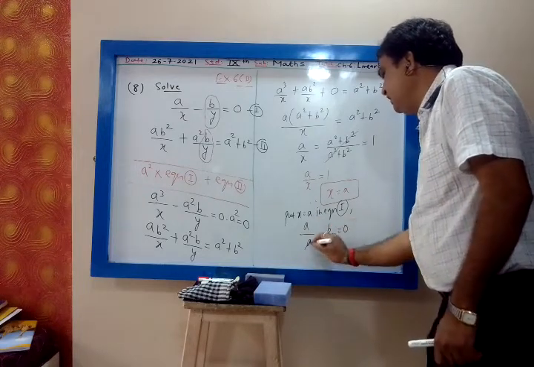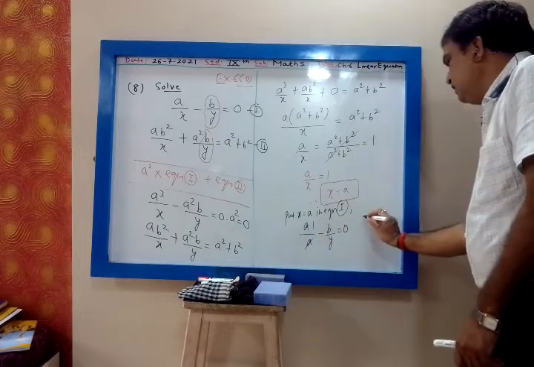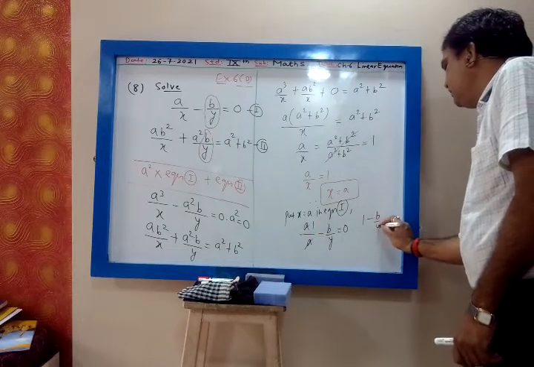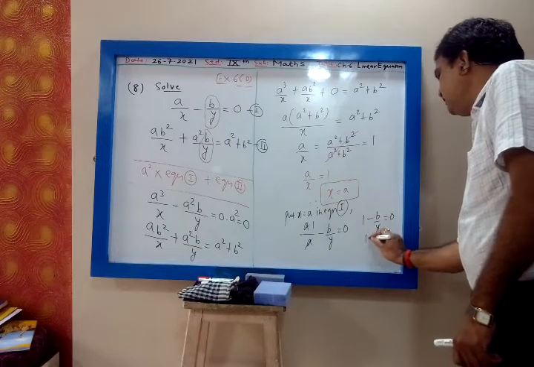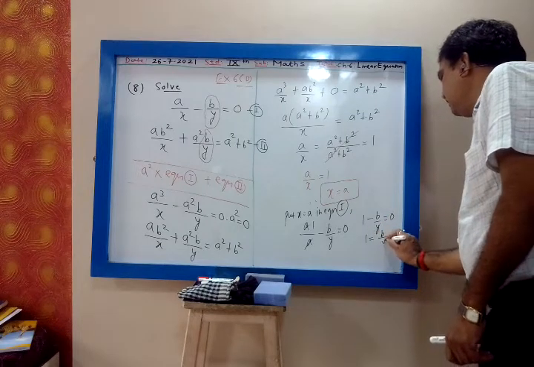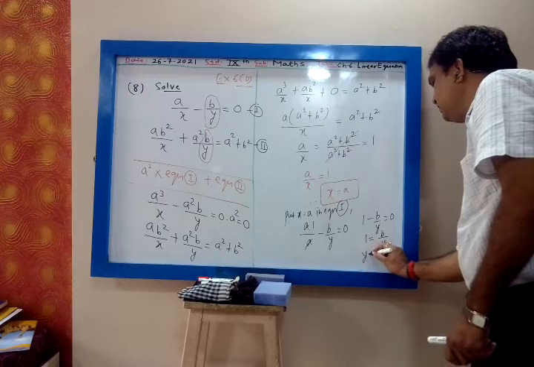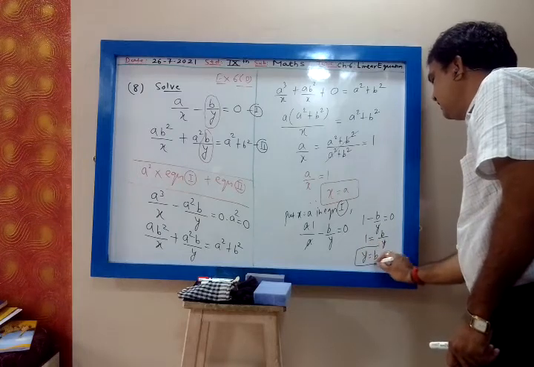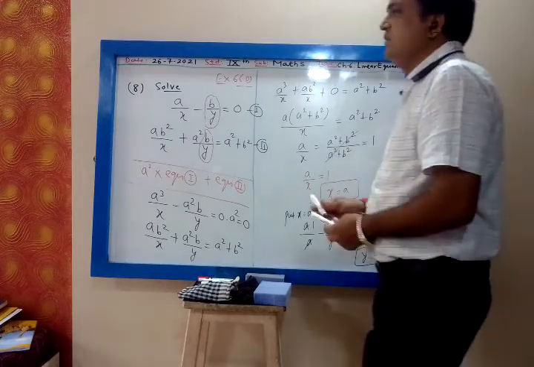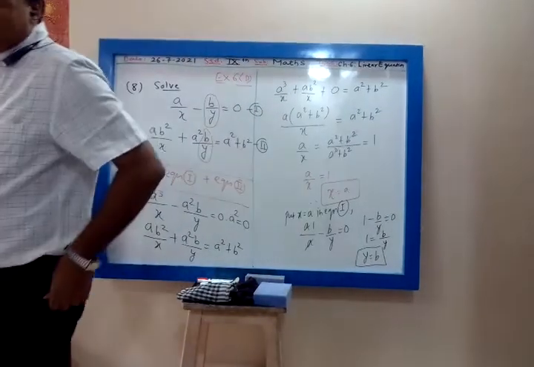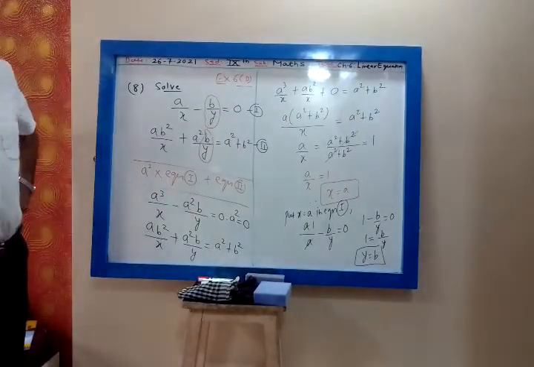A upon a gets cancelled, 1. So 1 minus b by y is equal to 0. So you will get 1 is equal to b by y. So cross multiply, you will get y is equal to b. So the answer is x is equal to a and y is equal to b. Yes? Understood?